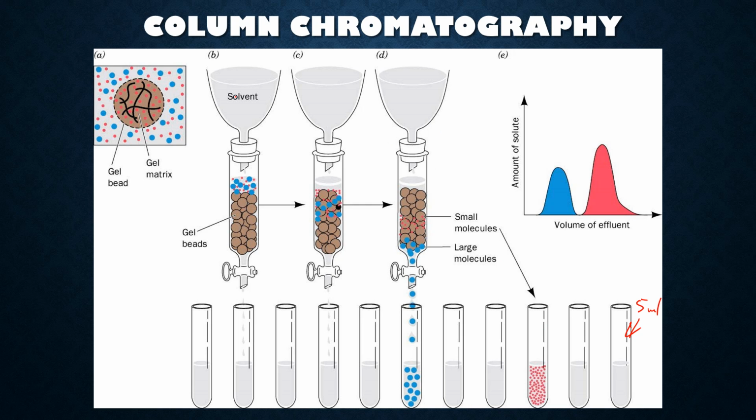We can run our solvent through the column with our sample mixture, and as it's separated, in size exclusion column chromatography the large molecules are eluted first, and we can collect them within a much smaller volume, and they're now separated from our small molecules, which are in a different test tube. And you can graph the amount of solute according to the volume of eluent, or effluent as they call it in this picture.